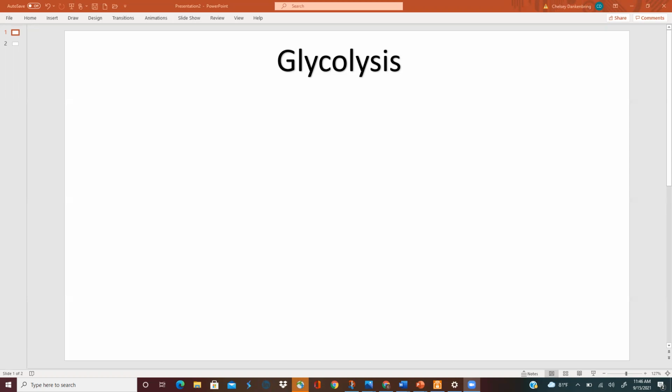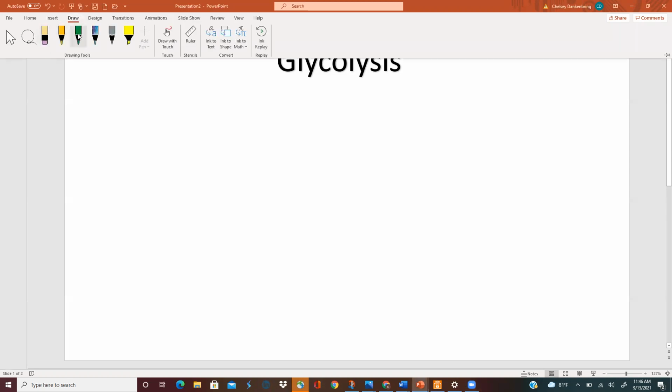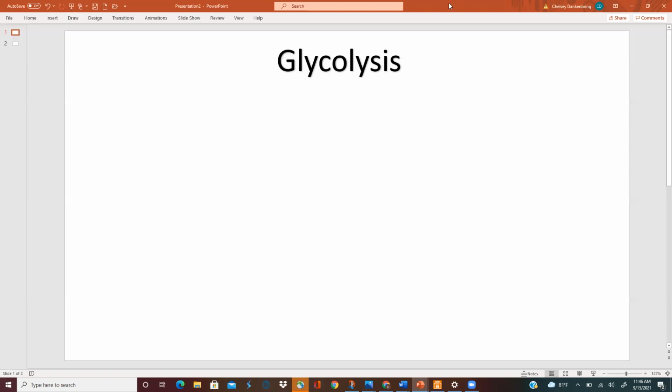I'm hoping you guys can see this. We are going to start by talking about the overall purpose of glycolysis, and the name actually gives it away. Glyco means sugar, and lysis, we've talked about, means to burst or break apart. Another word for break apart is split, so glycolysis literally means sugar splitting.